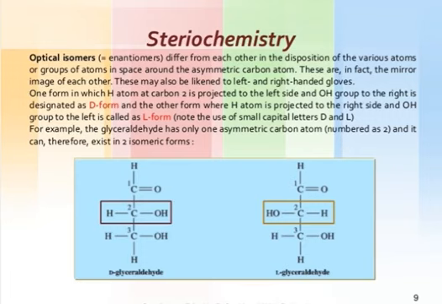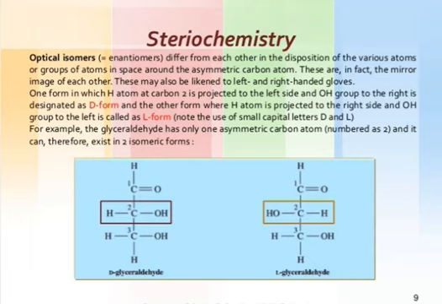Now, what is the dextrorotatory form and levorotatory form? In the dextrorotatory isomer, the hydroxyl group is on the right side of the carbon atom.